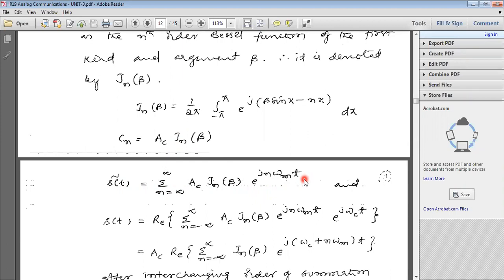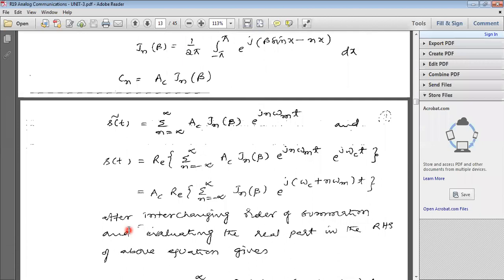After finding the envelope of S of t, you just substitute it in S of t to get the wideband frequency modulation equation. You substitute the complex envelope of S of t in the original S of t. Already, according to equation number 1, we know S of t equal to the real part of the complex envelope of S of t into e power j omega ct.